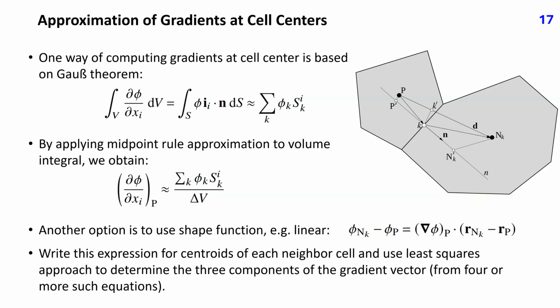The unknowns in these expressions are the three components of the gradient vector. Because we have 4 for a tetrahedral cell or more such expressions, the number of neighbor cells for polyhedral grid is around 10 to 15, and only 3 unknowns, we must use least squares approach to determine the 3 components of the gradient vector.